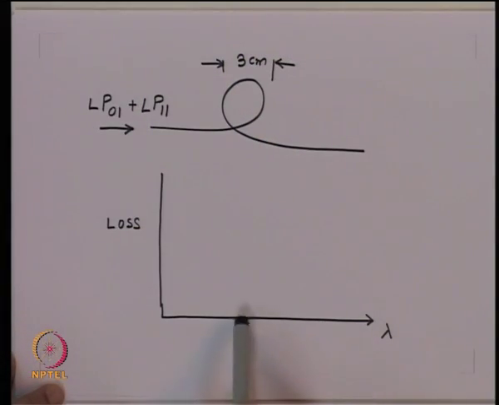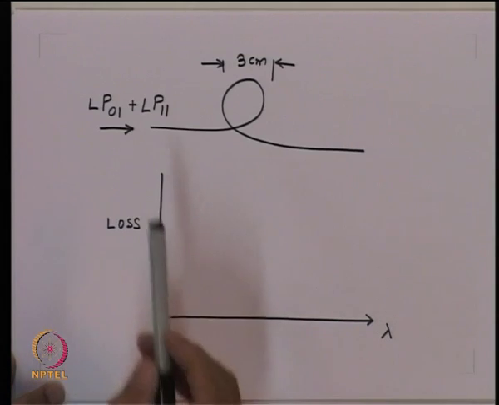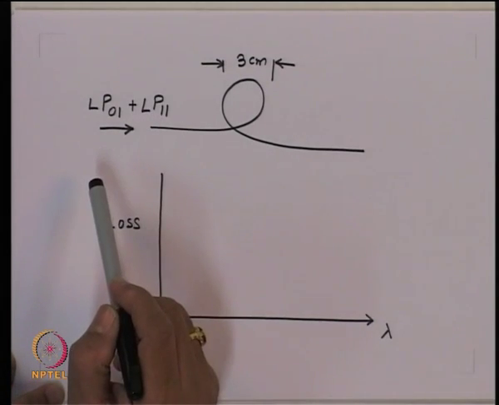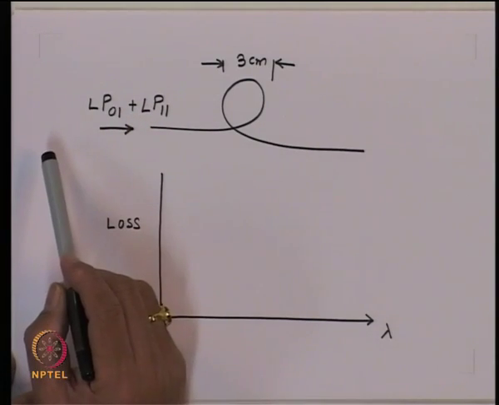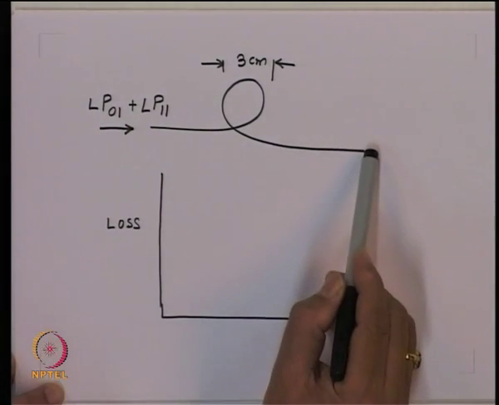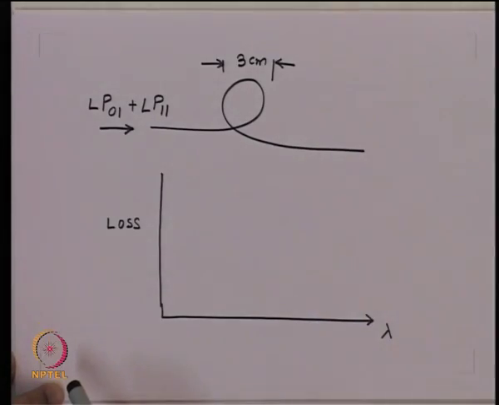So, as the wavelength lambda becomes close to the cutoff wavelength of LP11, you will see a loss of energy corresponding to LP11, and the loss here will increase.